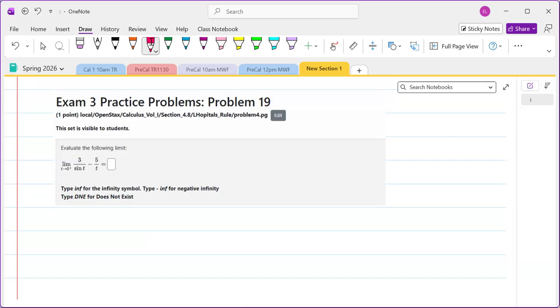All right, so we've got the limit as t approaches 0 from the right of 3 over sine of t minus 5 over t. So our first step, as always, is just to plug in the 0 and see what happens. So 3 over sine of 0. Now these are from the right.